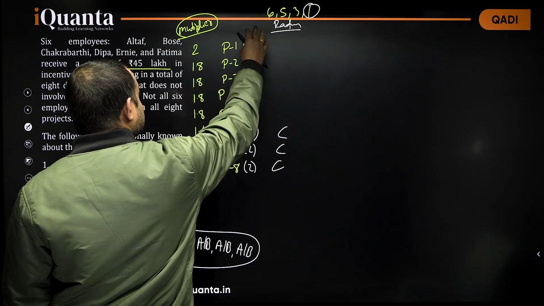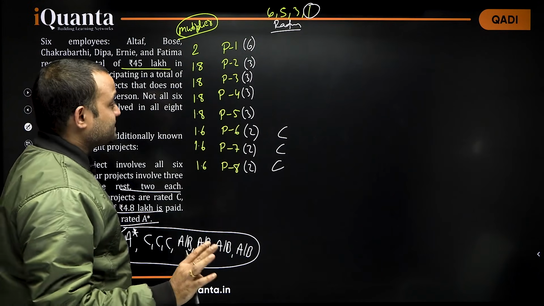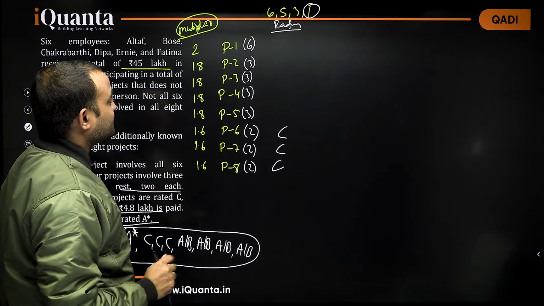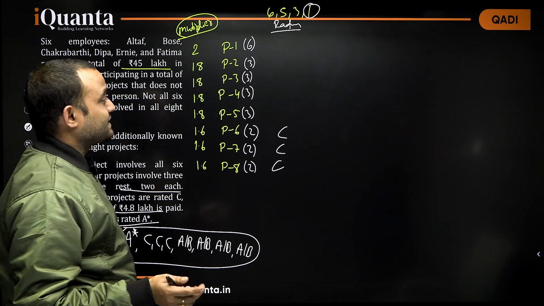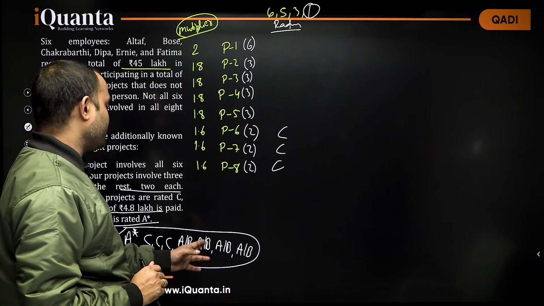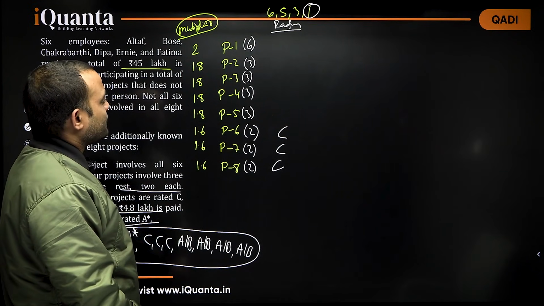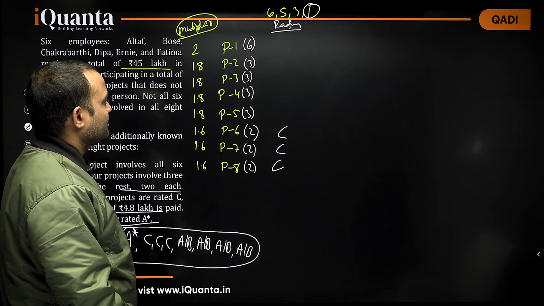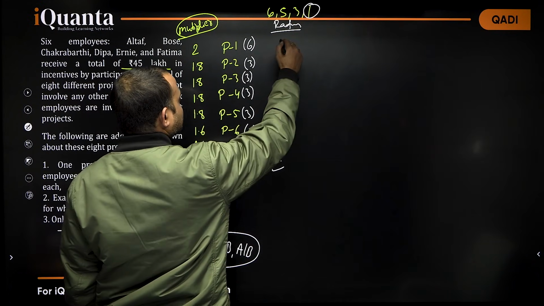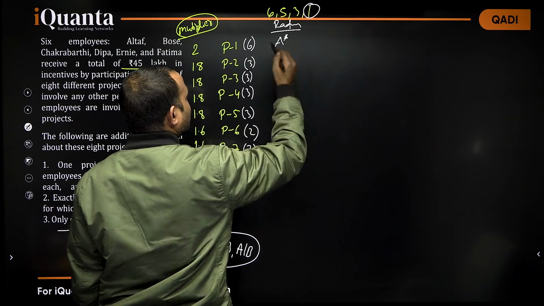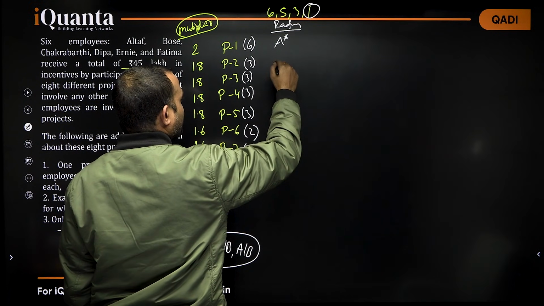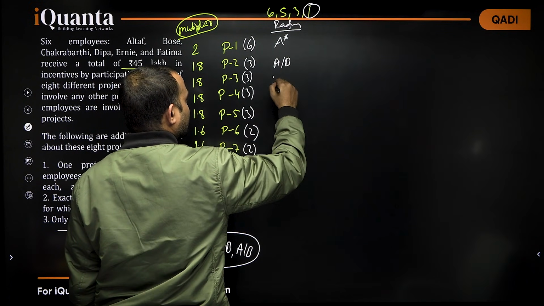One of these is A star, and the others could be anything else, right? Others could be A or B. So what we can say is, if this project is A star, the rest of them could be A or B, right?